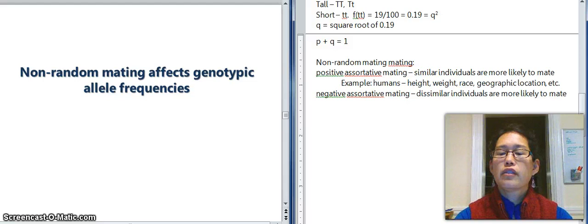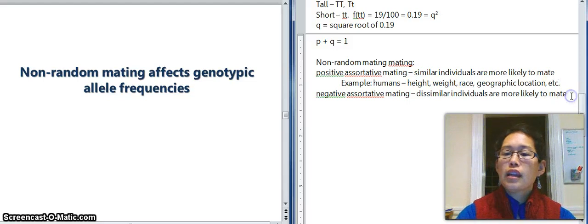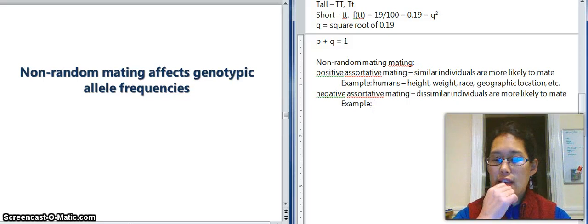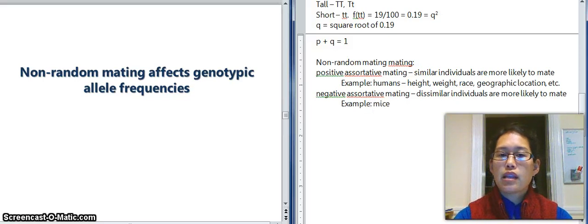For example, negative assortative mating has been found in mice and humans at the MHC locus. So individuals with a certain genotype at MHC find individuals with a different genotype more attractive. So let's think about what this means.